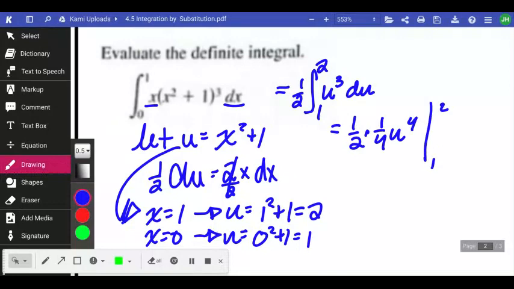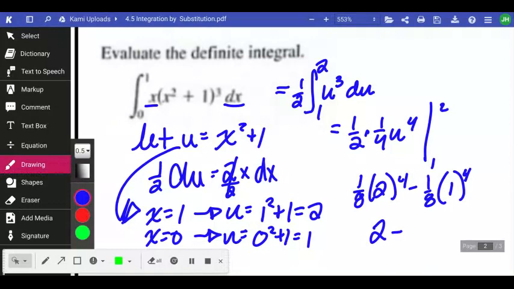It's over. Okay, so I will now have 1/8 plug in 2 minus 1/8 plug in 1. If you remember, we plug in the top minus plug in the bottom. 2 to the fourth is 2, 4, 8, 16. 16 times 1/8 is 2, minus 1/8.